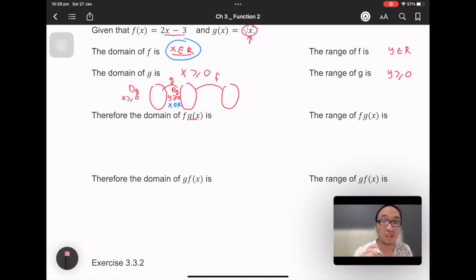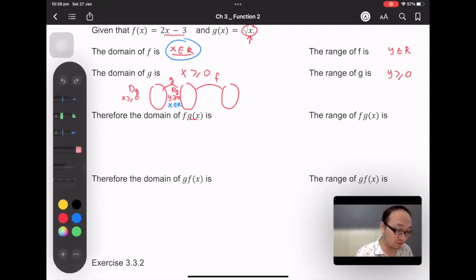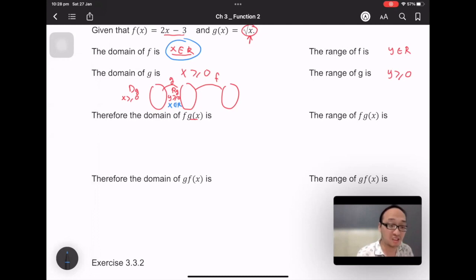So that means all of g's results can fit into the domain of f, yeah?